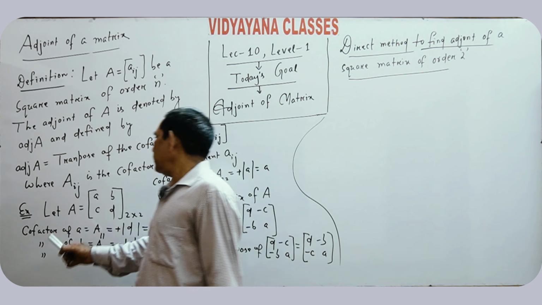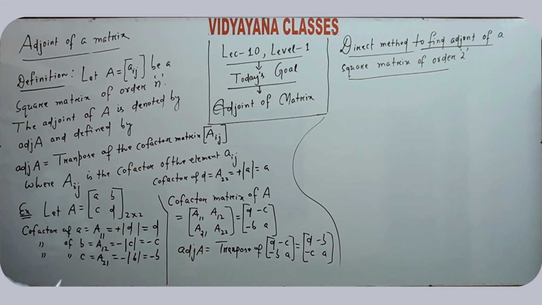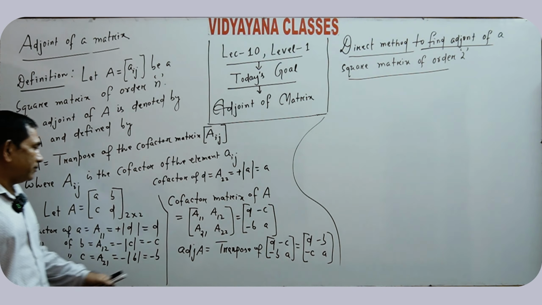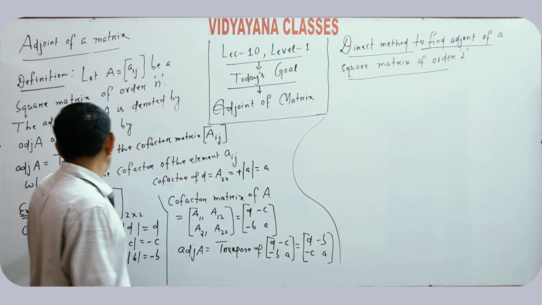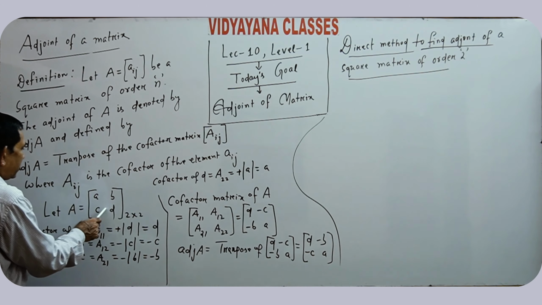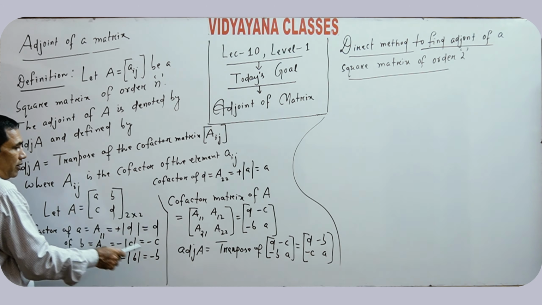In this example, it is a square matrix of order 2. In this example, we get adjoint of A by place interchange of the diagonal elements.